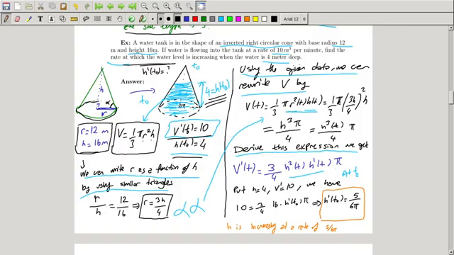Now V' is given, h(t0) is given, and the volume is V = 1/3 π r² h.